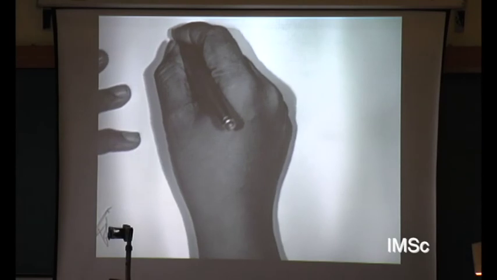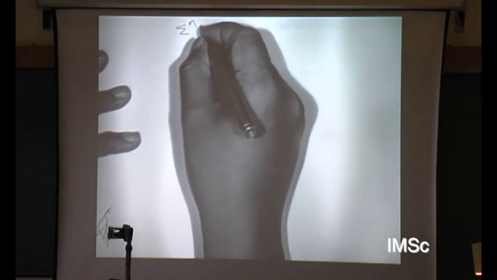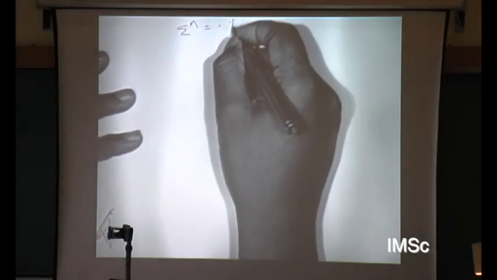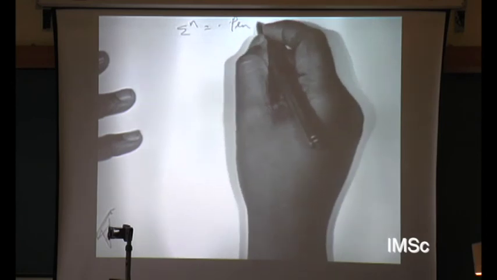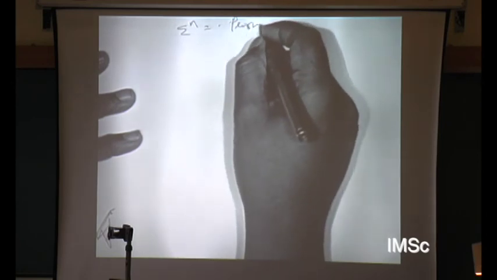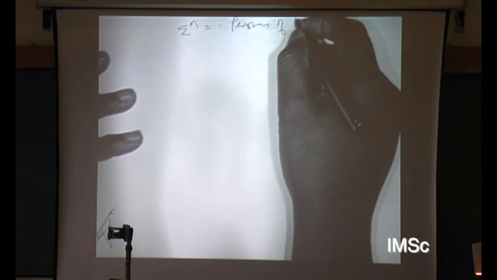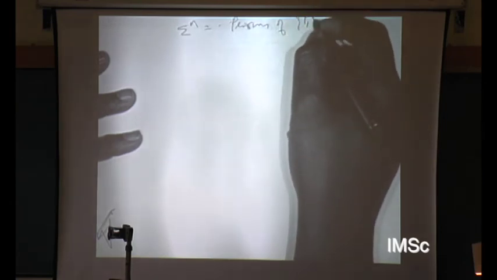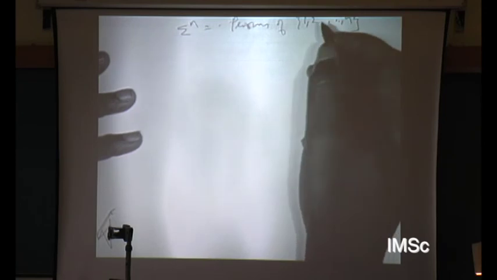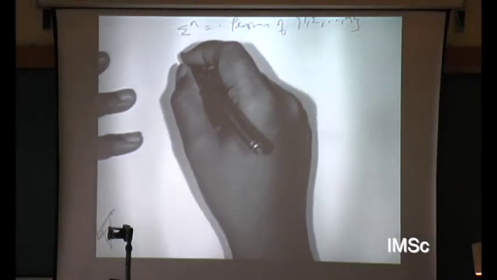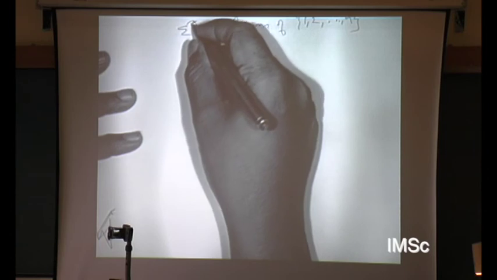So look at sigma n, which is permutations of 1, 2, 3, up to n.